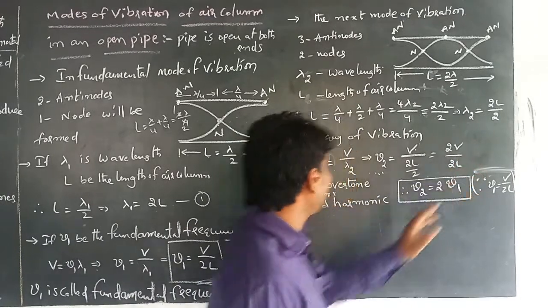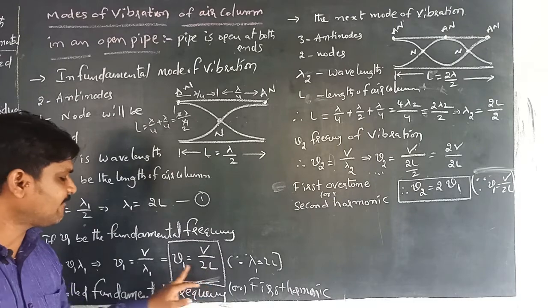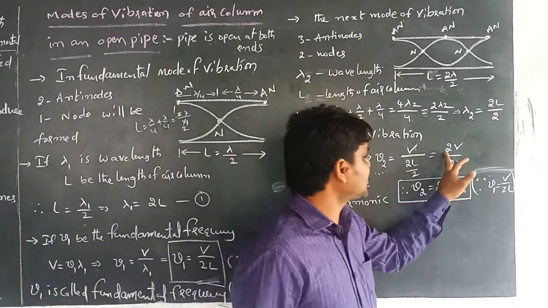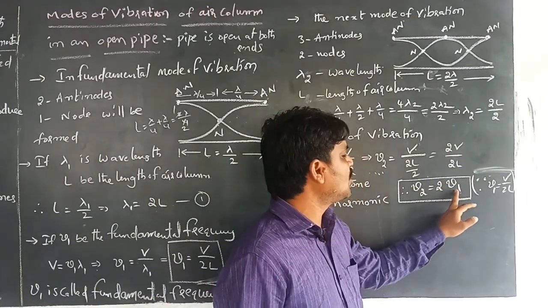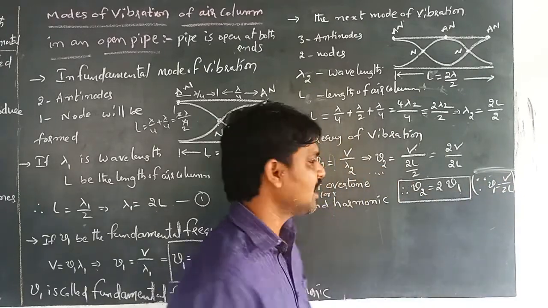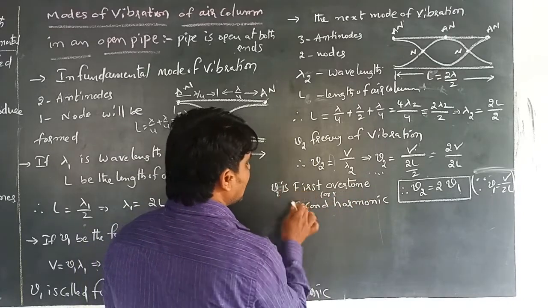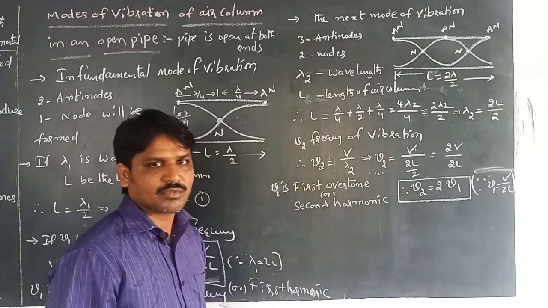We know V by 2L is the fundamental frequency nu1, so nu2 is equal to 2 nu1, and nu2 is the first overtone.